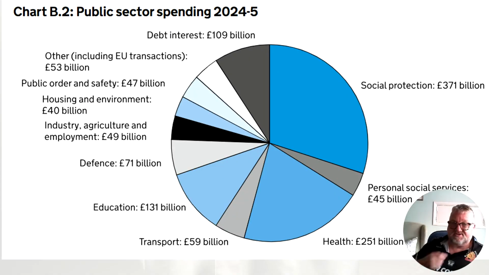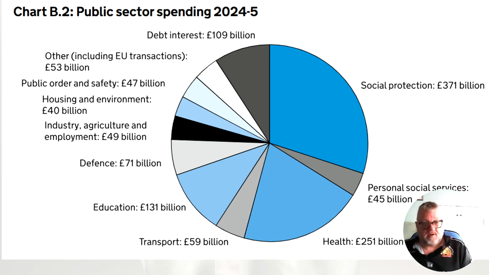And if you look at this pie chart here, this is what the government spent their money on in the year 2024-2025. So this is all the money that the government had, and it's all divided up between different areas.